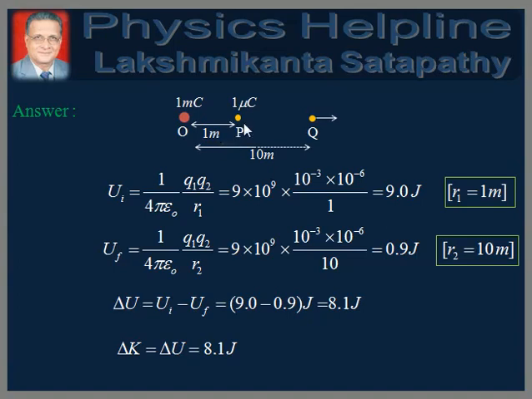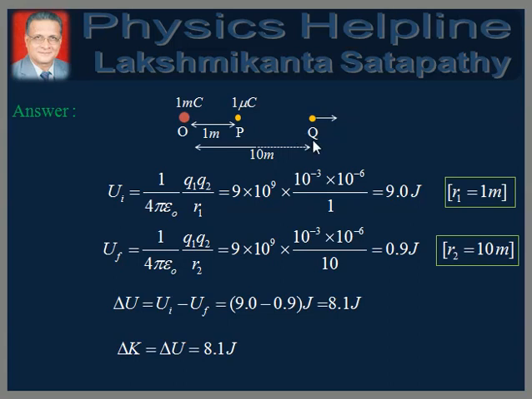The particle of mass 2 grams and charge plus 1 microcoulomb is initially at P. Both are positive charges. Therefore, the particle will be repelled by the fixed charge. Therefore, the particle will be accelerated to the right.